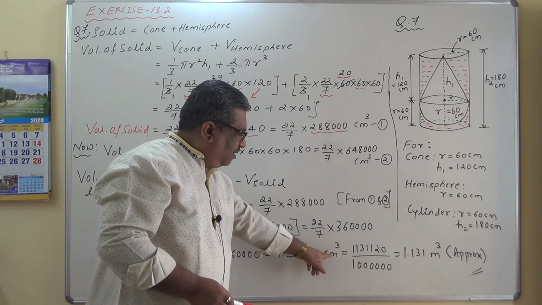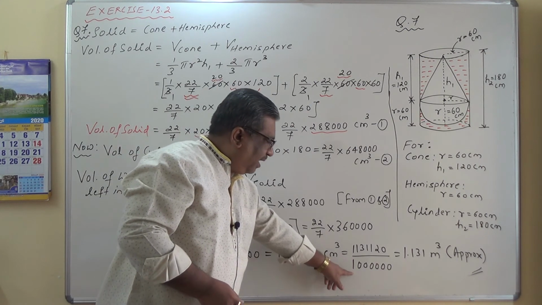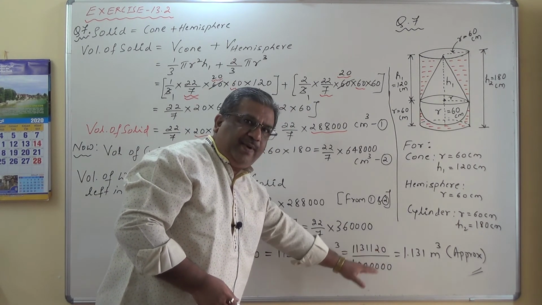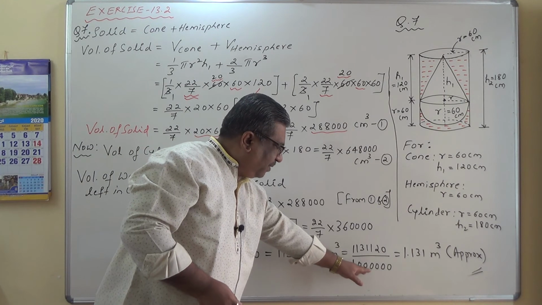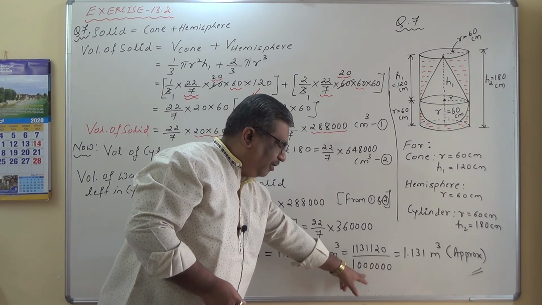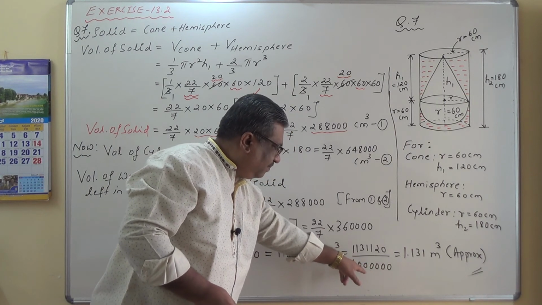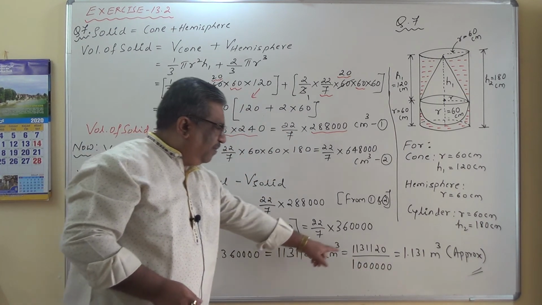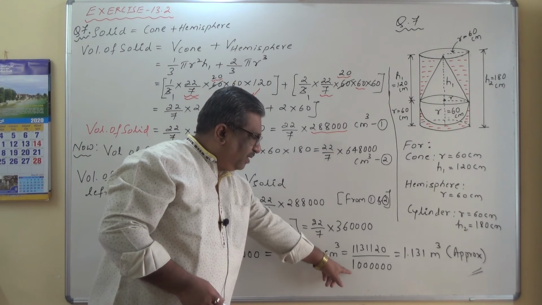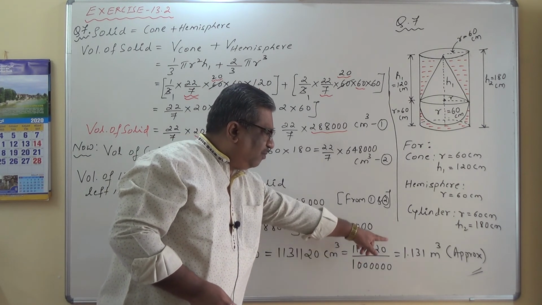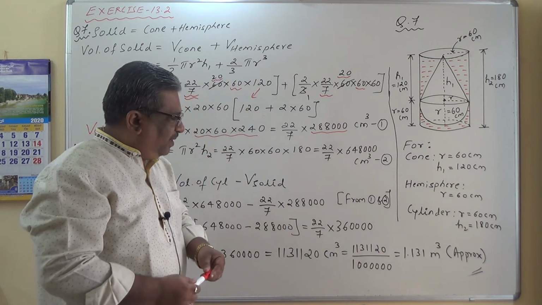So cubic centimeter means 100 into 100 into 100 in the denominator. So 10 lakh. If you divide this by 10 lakh, you get 1.131 cubic meter approximately.